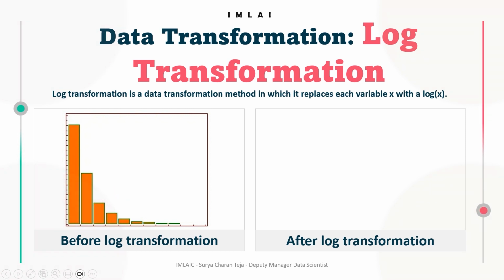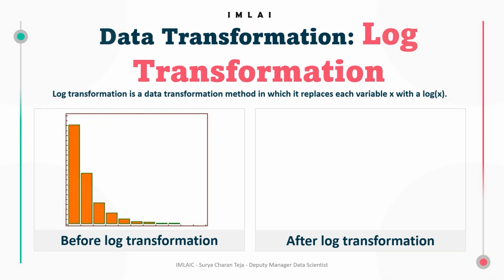The choice of logarithm base is usually left up to the analyst, and it depends on the purposes of statistical modeling. We have base 2, base 10, and a natural base which is 2.718. It's all up to you to decide.